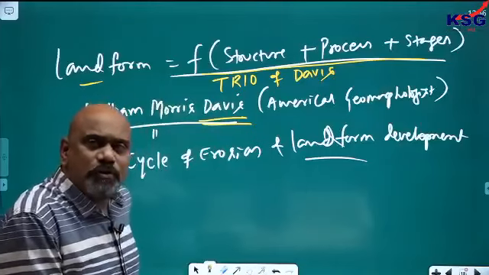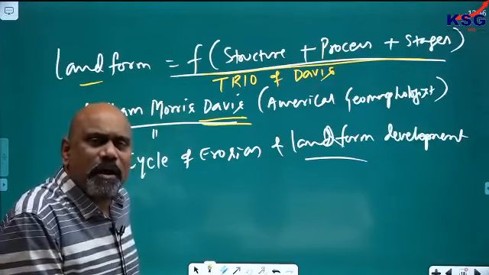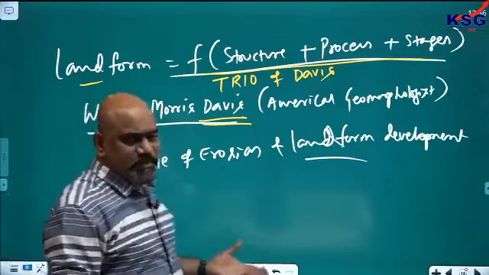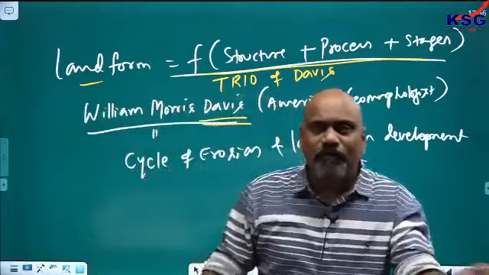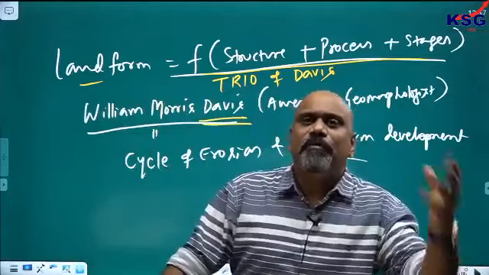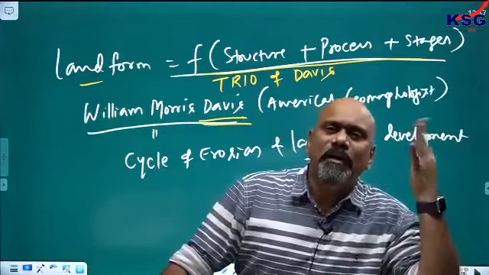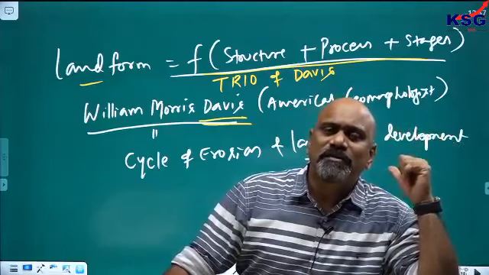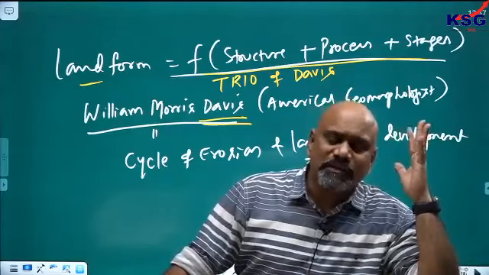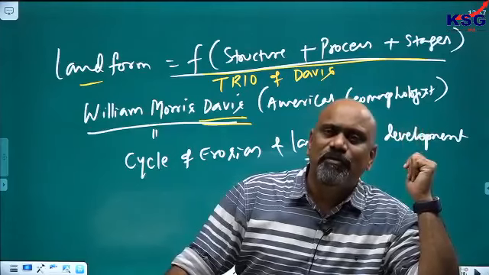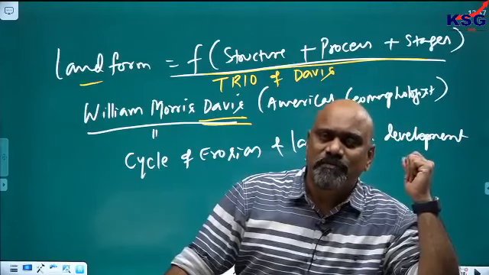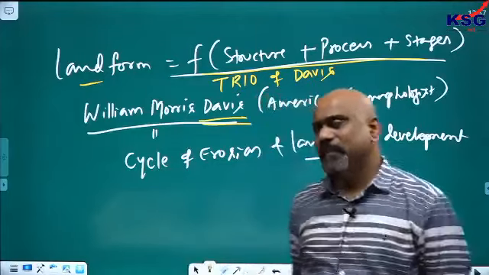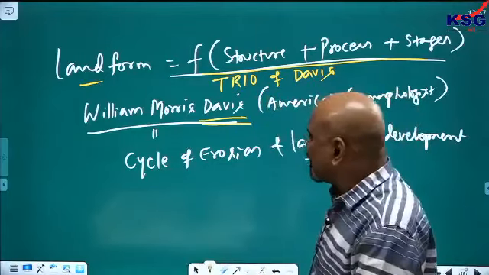Structure, process and stages determine the type of landform, how it develops, where it develops, why it is unique in that region, everything. This concept was given by Davis in his concept on cycle of erosion. इन्होंने ही दिया था ये, this very important trio of Davis कहते हैं.